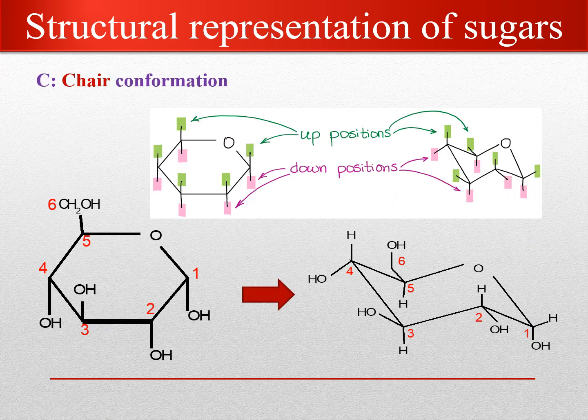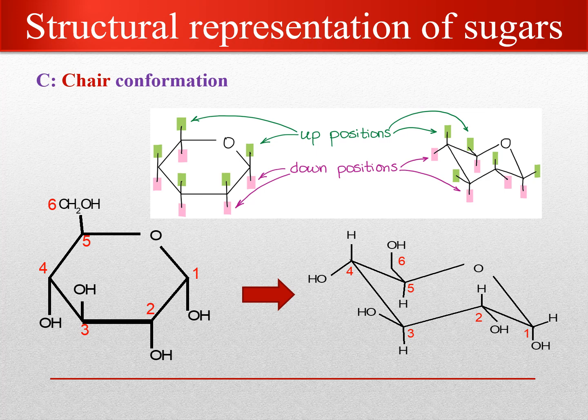In the previous slide, we learned about Haworth projection being a ring structure, going from acyclic to ring structure. Therefore, it forms that Haworth projection. In actual reality, the most stable structure for glucose is this chair conformation because it has very low energy tension.